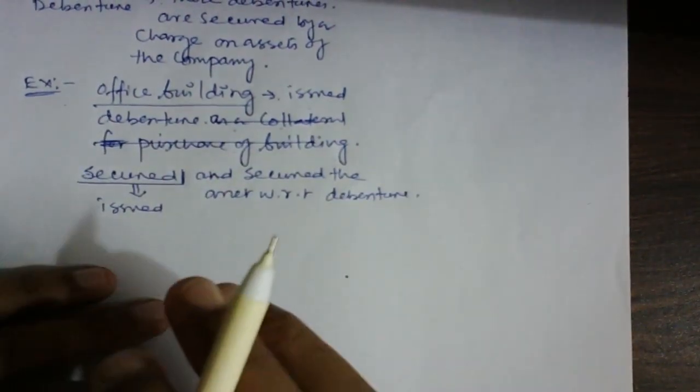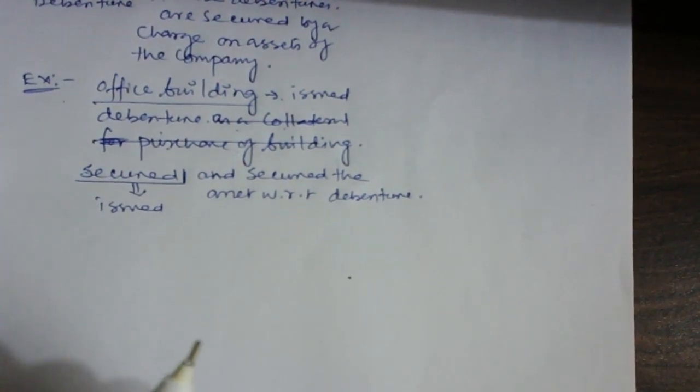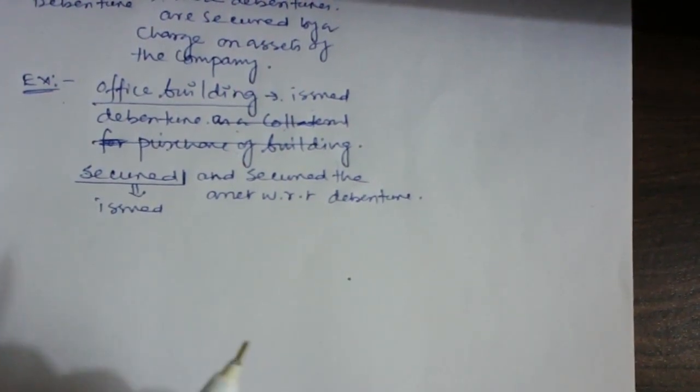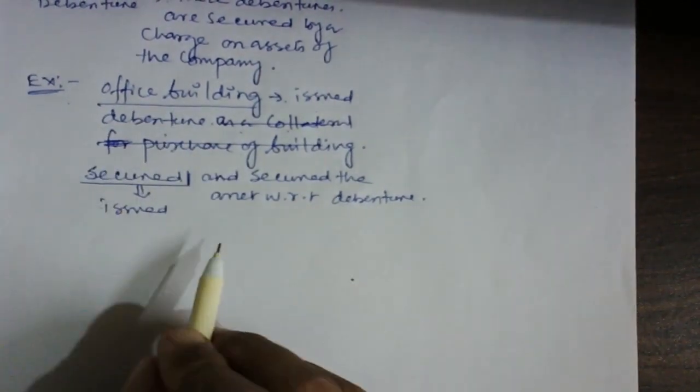Now you need to first secure the debenture holder's right. So the company has secured its own asset with respect to the debenture.